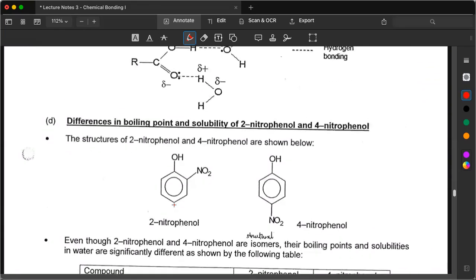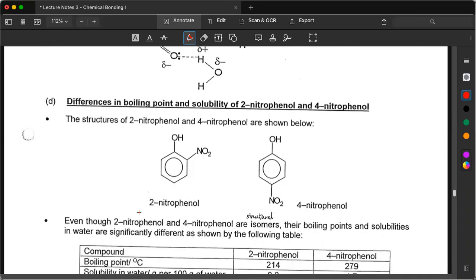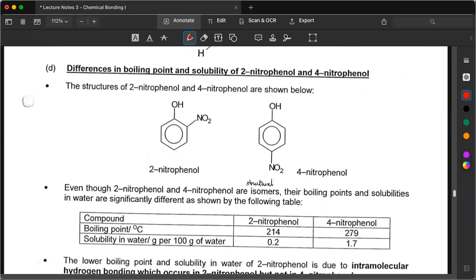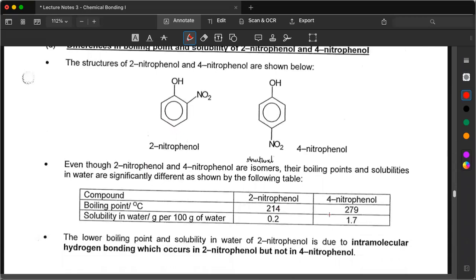Now, let's look at some organic molecules. We have 2-nitrophenol here and 4-nitrophenol here. Why is there a difference in boiling point? They are actually isomers, but they are different in boiling point and different in solubility. It has to do with hydrogen bonding.